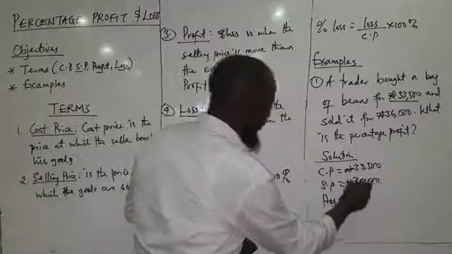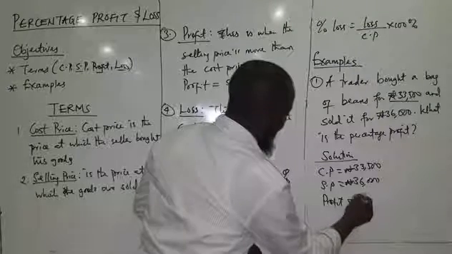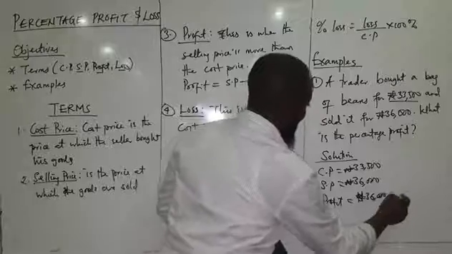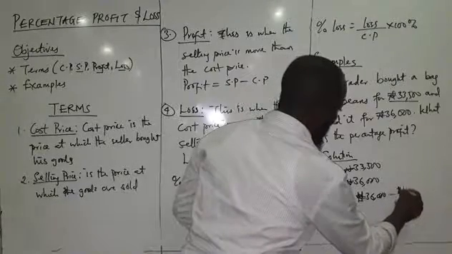So in that case, you're going to have profit, which will then be equals to 36,000 naira minus 33,500 naira.